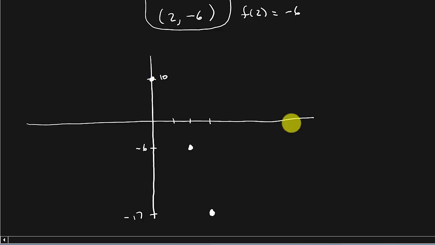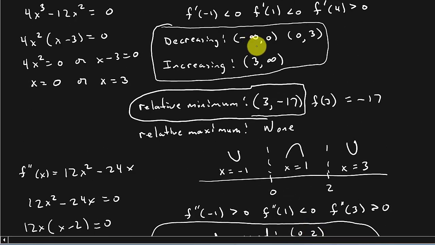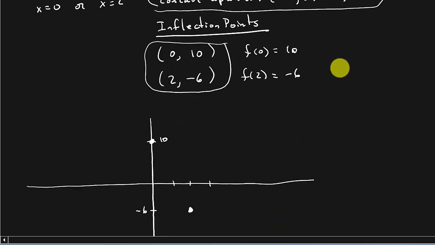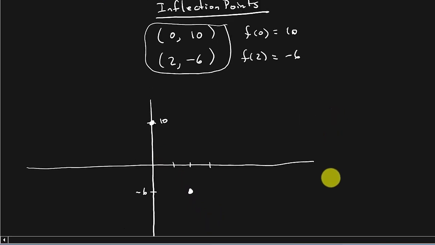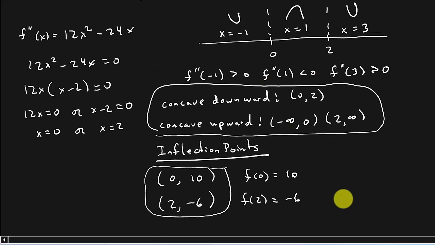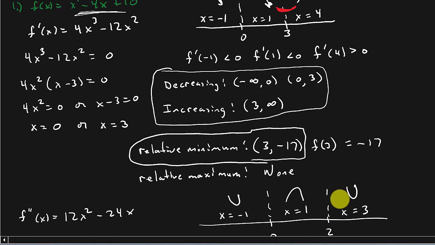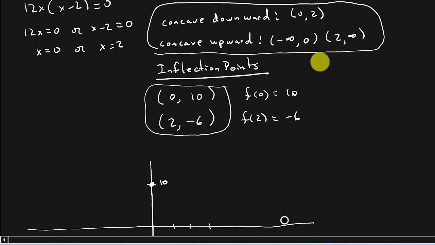All right, so let's see what this thing's doing. Let's look at increasing and decreasing. So from negative infinity to 0 and 0 to 3, it's decreasing. So that means from negative infinity out here, it's decreasing all the way to 3. But notice from negative infinity to 0, it's concave up.